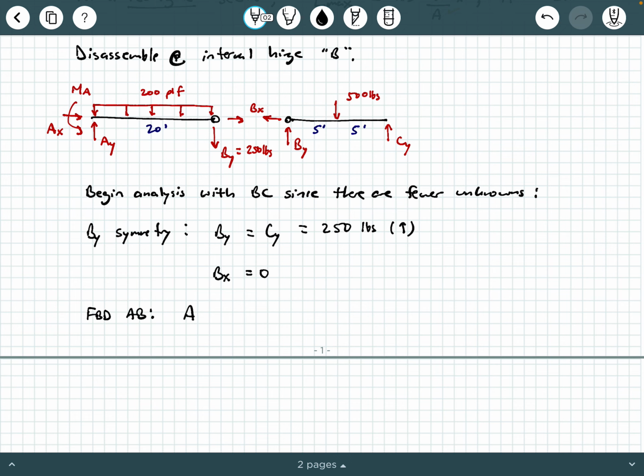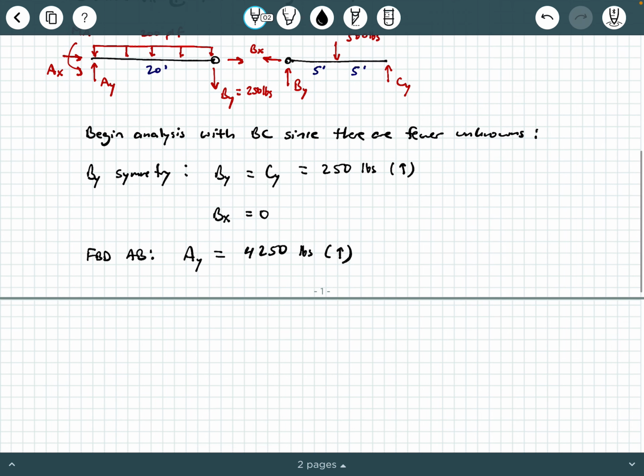And I'm going to say AY equals, and we're going to pull out our calculators and we can get AY pretty straightforward, 200 PLF times 20 feet, add to that the 250 pounds, and so you get 4,250 pounds reacting upwards, okay?